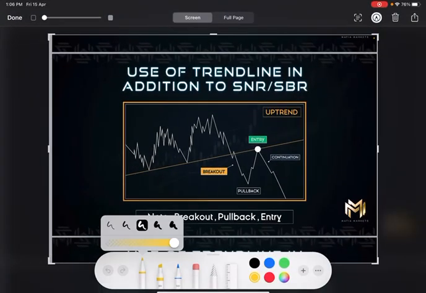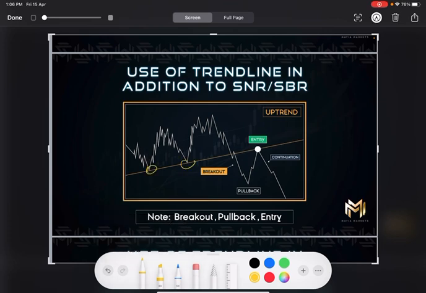First, you would identify the correct trend line. Point 1, point 2. You have your trend line. Now, as we know, the market moves in waves, and in order for the price to move in either direction, any structure will eventually be broken. That includes your trend line.